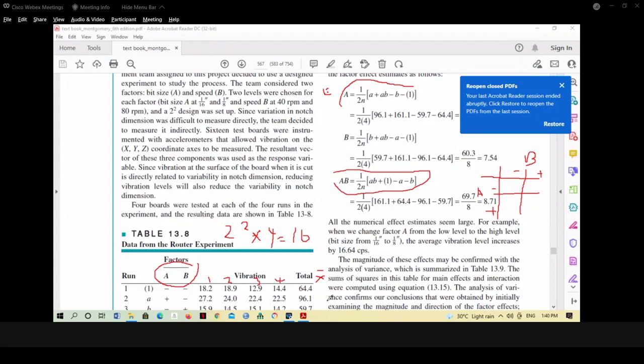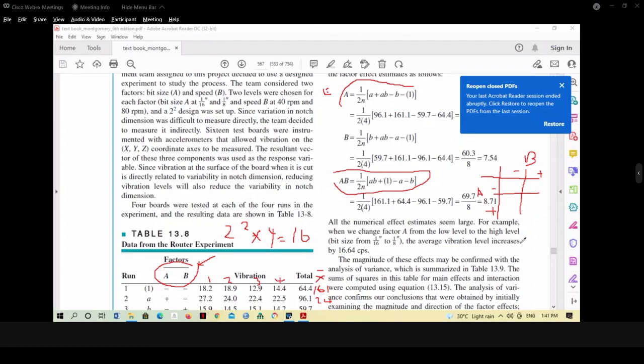Then 96.1 divided by 4 gives 24.0, and the rest. So you can get the means here. Then A and B just follow, and AB goes in this column, and then you can plot AB.